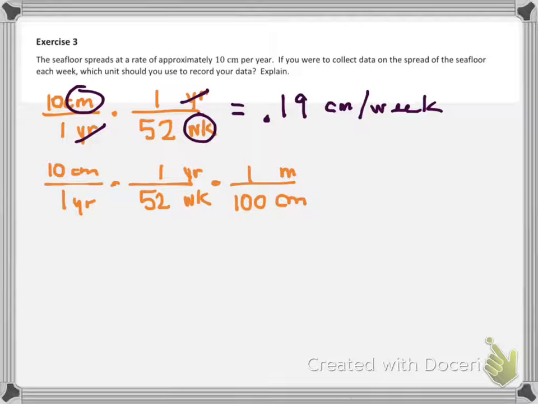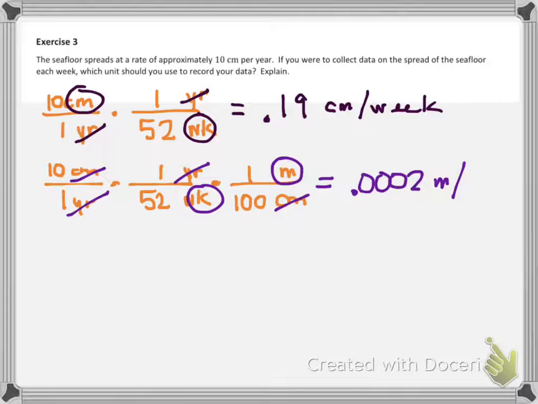So let's see what we get here. The years still cancel. The centimeters now cancel. And I get meters per week, which is what I wanted. And so now I'm going to have 10 on top divided by 52,000, which equals about 0.0002 meters per week. Oh, that got worse. That's more confusing. So let's try another.